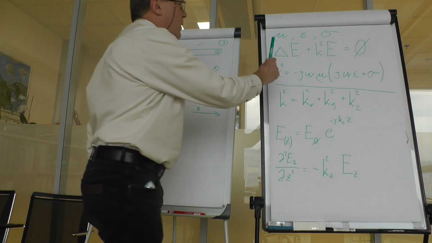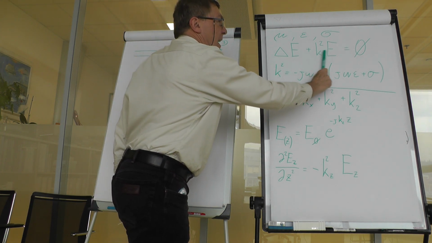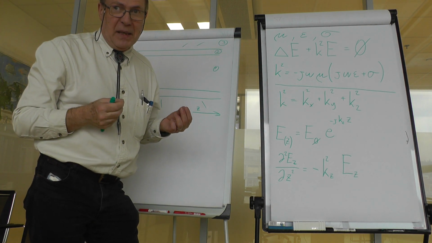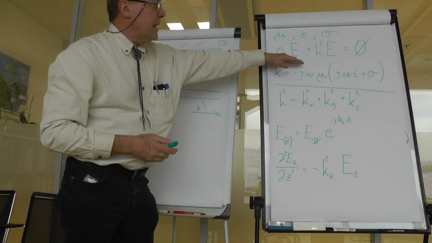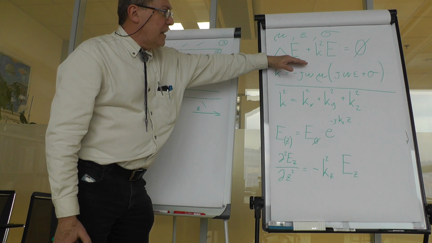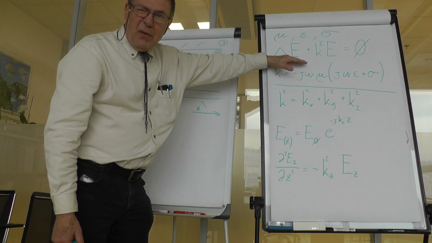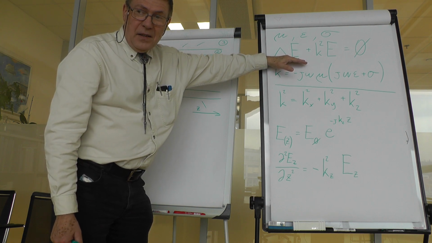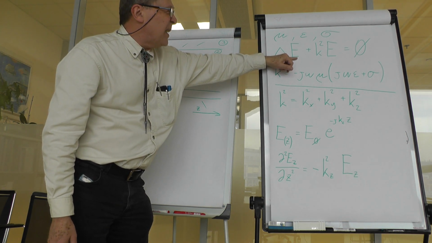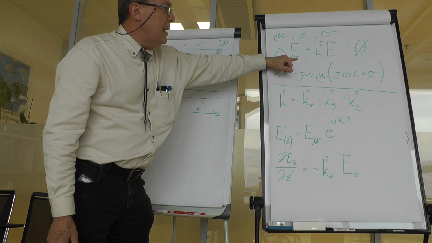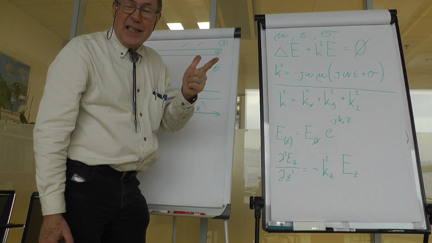We have the wave equation for electromagnetic field strength. In fact, this is an abbreviation because we have written E, but in fact this is a set of three equations. The same equation could be written for the components of the field vector E in the z direction, x and y.